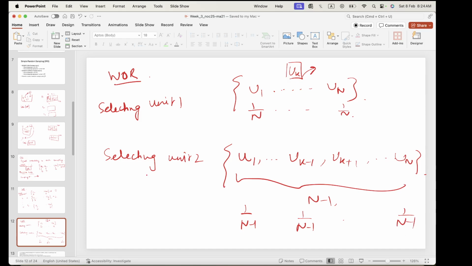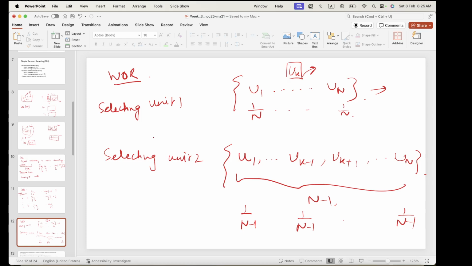Okay, but mind you, if a question comes like this, what is the probability of selecting one unit where there's no mention of any trial? So it's the same between SRSWR and SRSWOR.